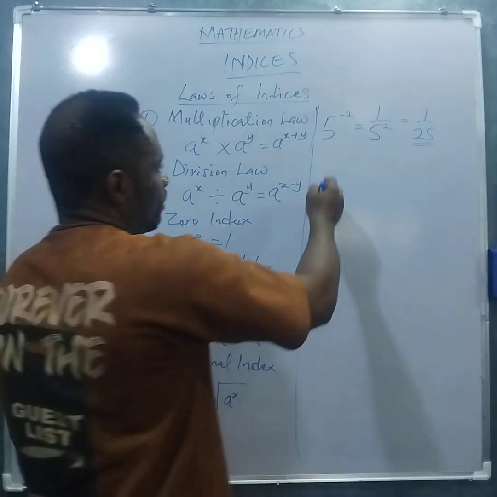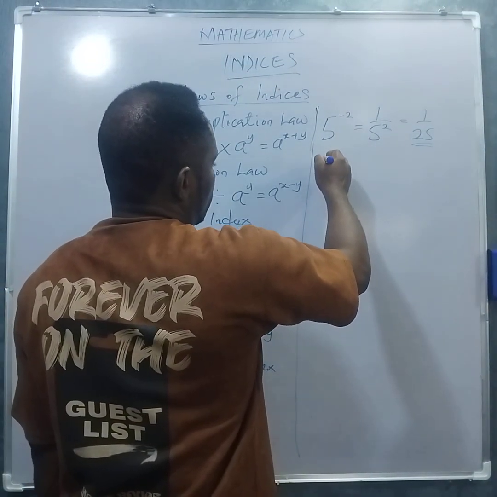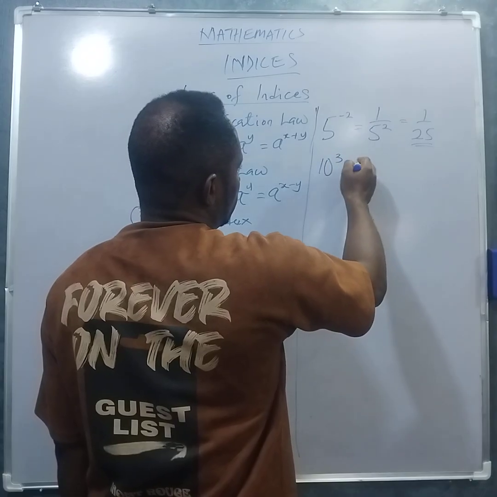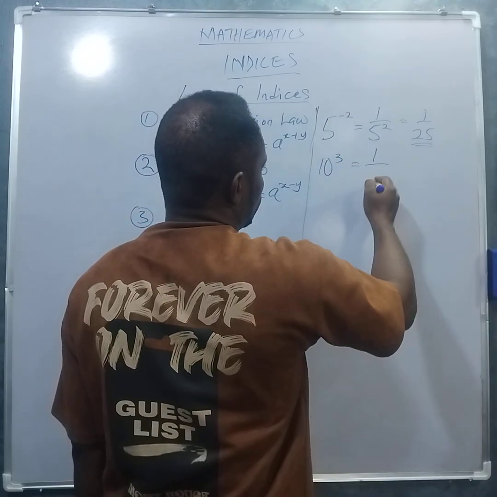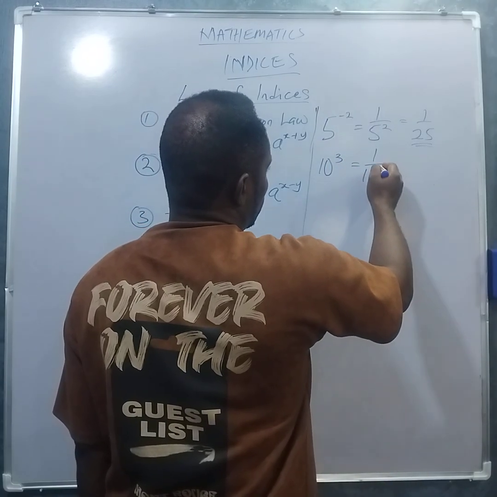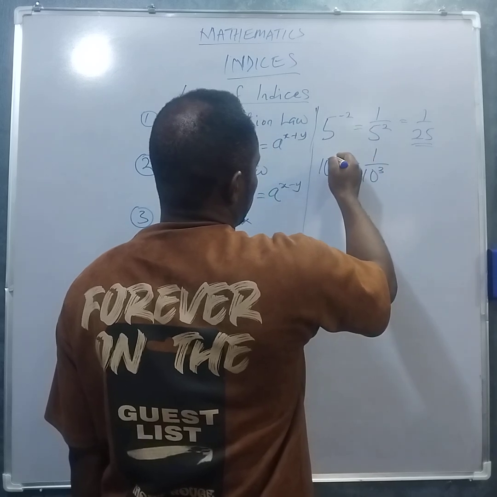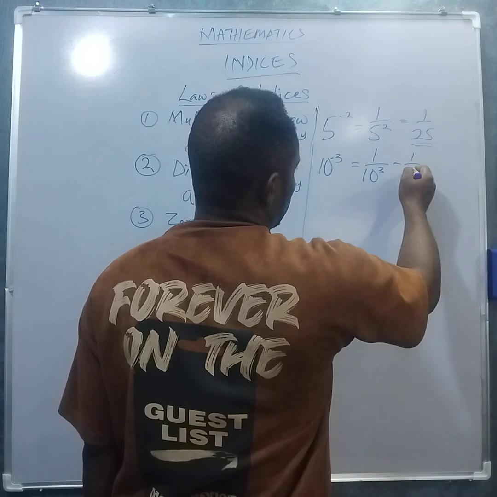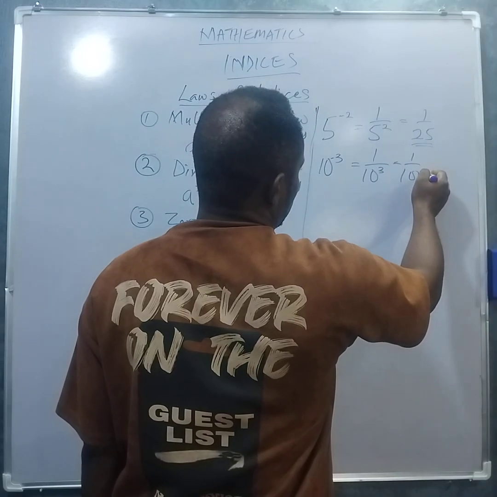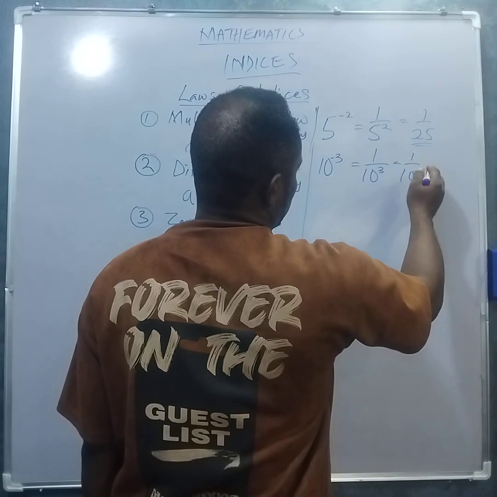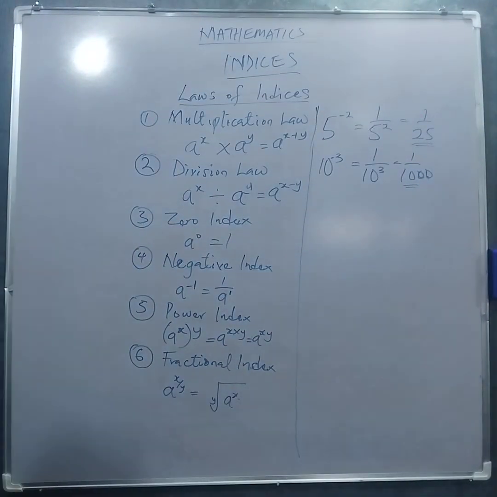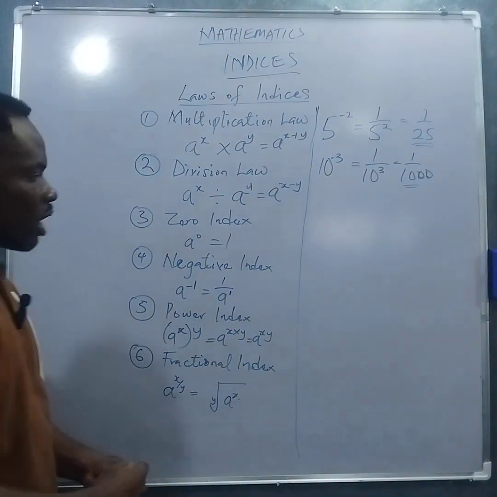When you have 10 raised to power minus 3, which is equal to 1 over 10 raised to power 3, which is equal to 1 over 1000. This is the answer.